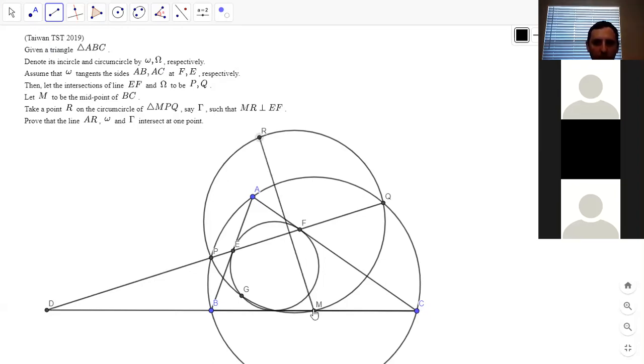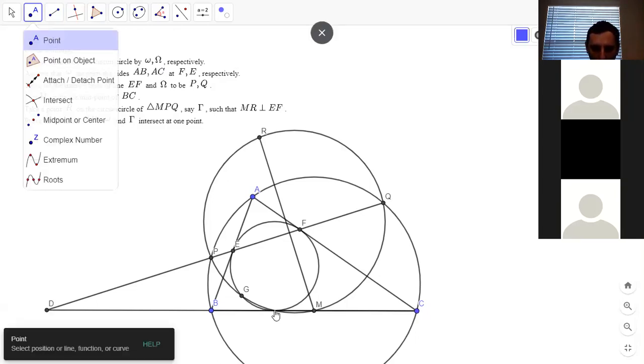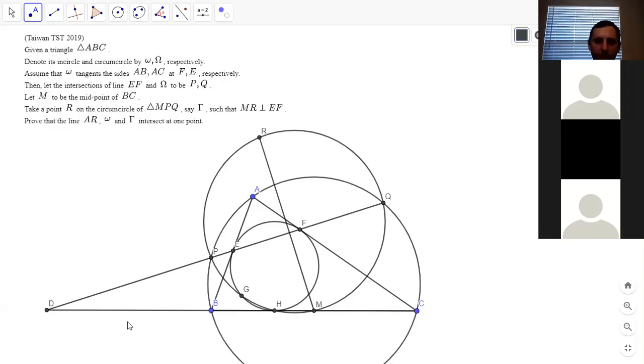So by the radical axis theorem, these concur basically is what you're saying. Yeah, these three. Power of a point. Because DE times DF is DP times DQ, which is DB times DC, which is DH squared.